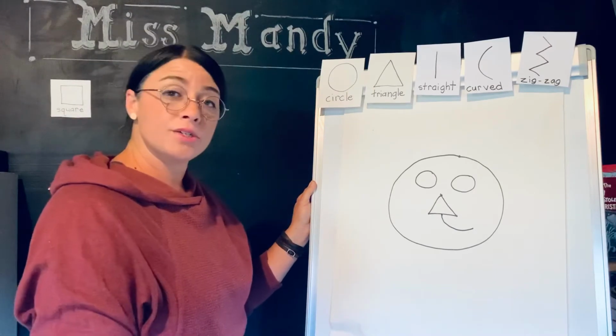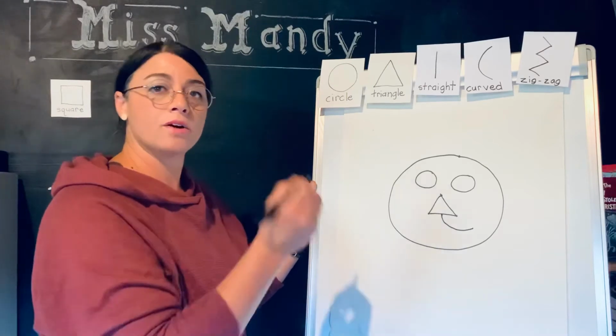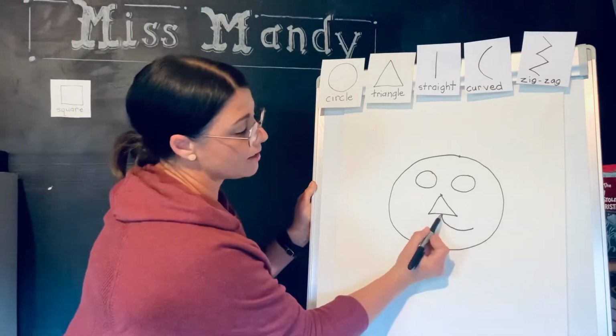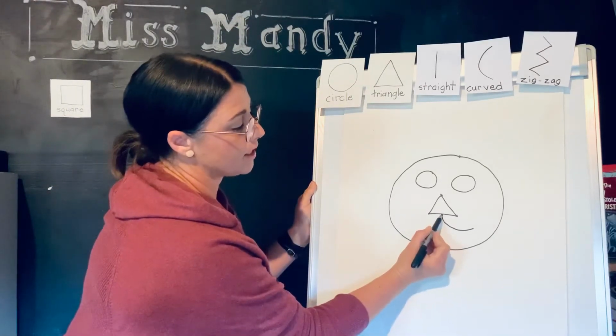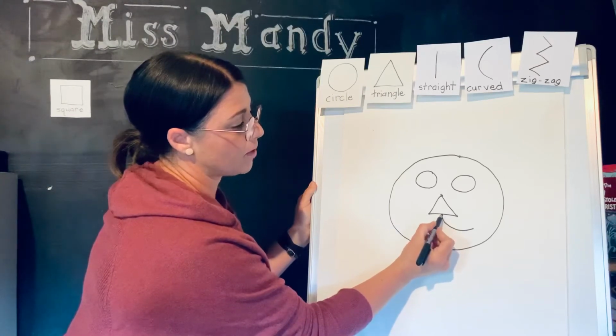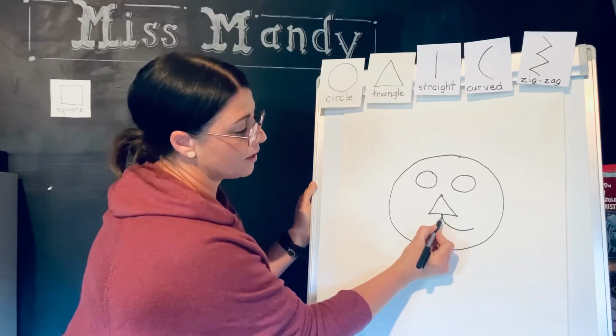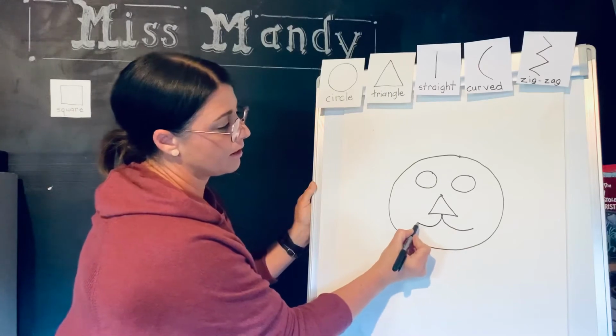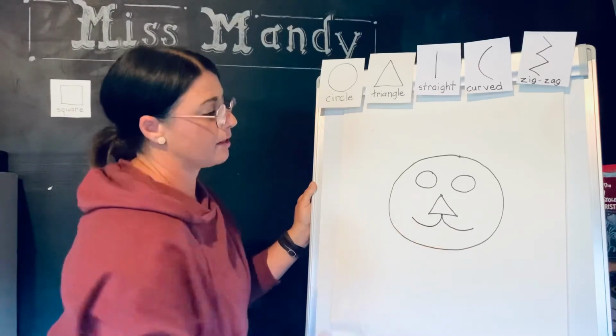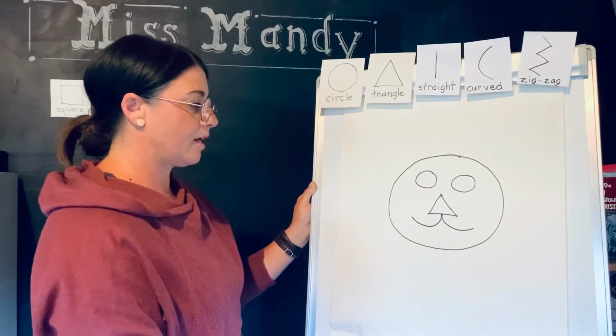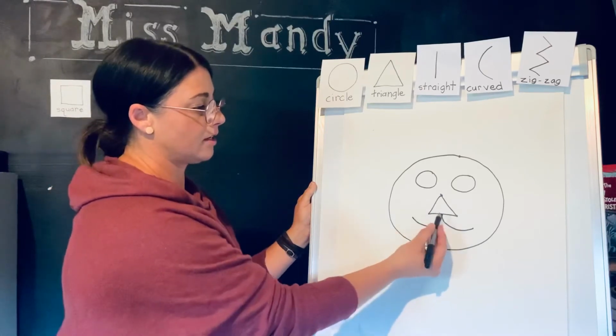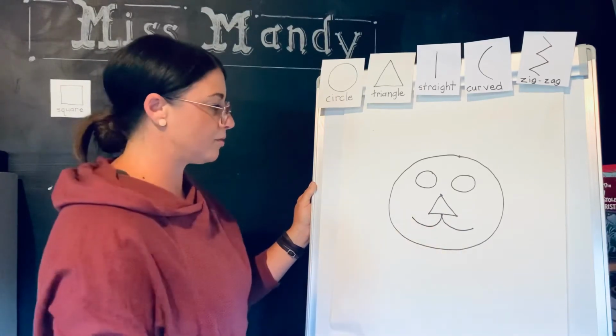And then we're going to do the same thing, but going the other direction. So I'm going to start in the same spot that I did under the triangle, the bottom, and do a curved line going out the other direction. And it's just short. It's just a short line. Don't go too far.